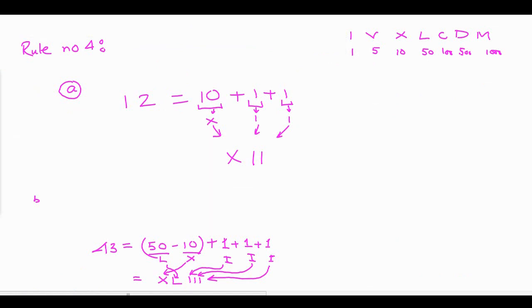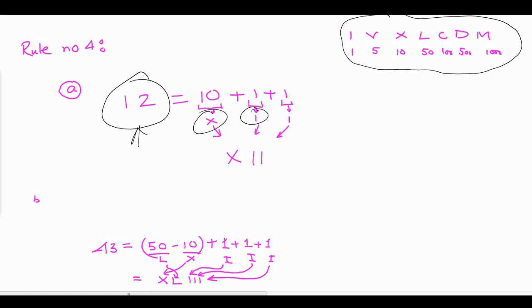Rule number 4 is very easy. If the number is more than 10 in Roman numerals, then we can segregate the number just like this. Then with the help of these 7 symbols, we can explain the number. Here is an example: 12 means 10 plus 1 plus 1. That means this is 10, this is 1, this is also 1.